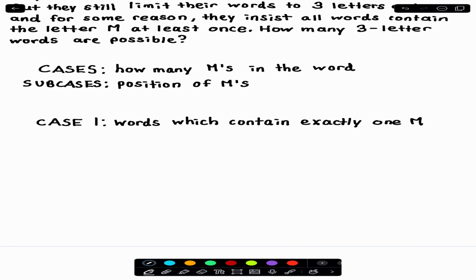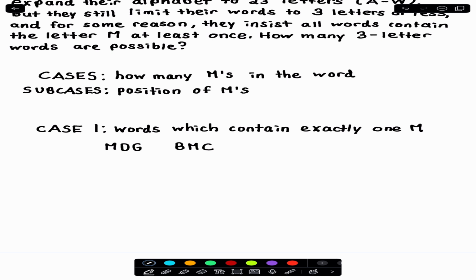For example, we can have something like this. Let's just make up a random word in this world. Maybe we can have something like this. Or we could have something like this. Or we can have a word that looks like this.